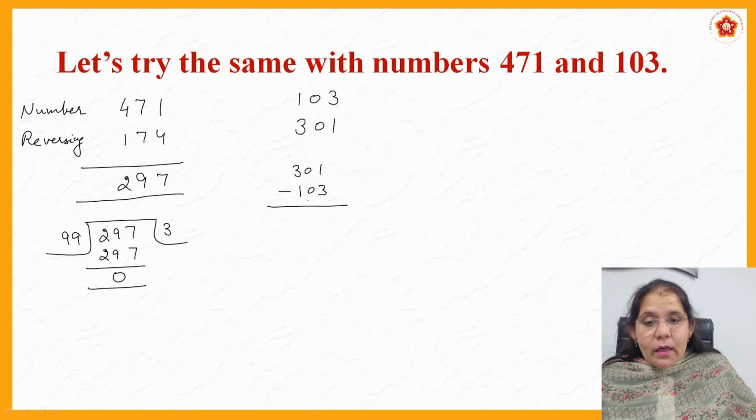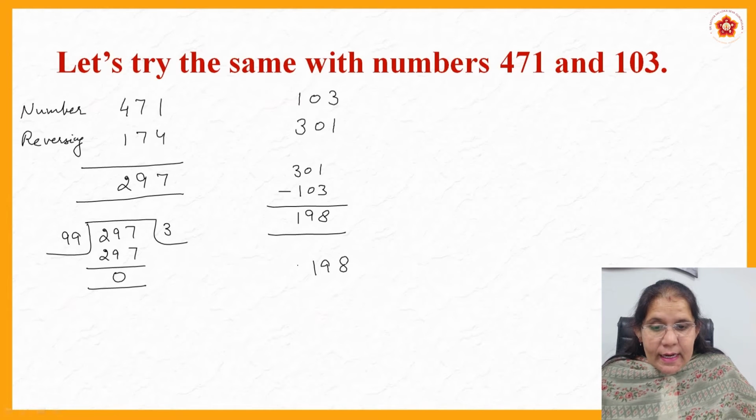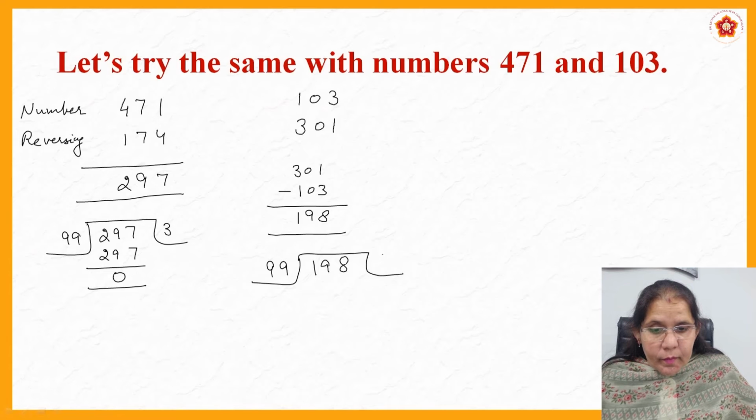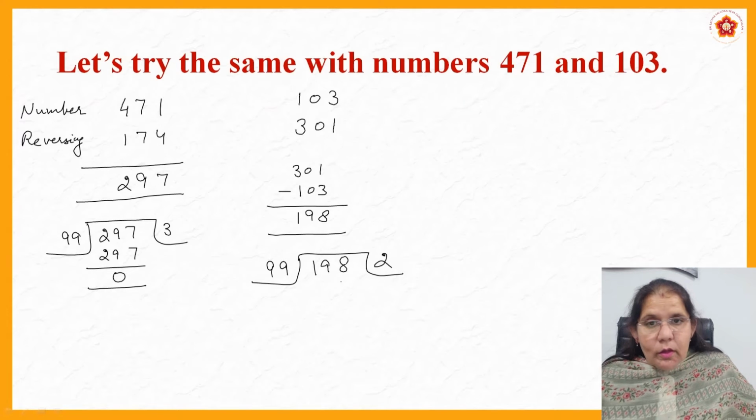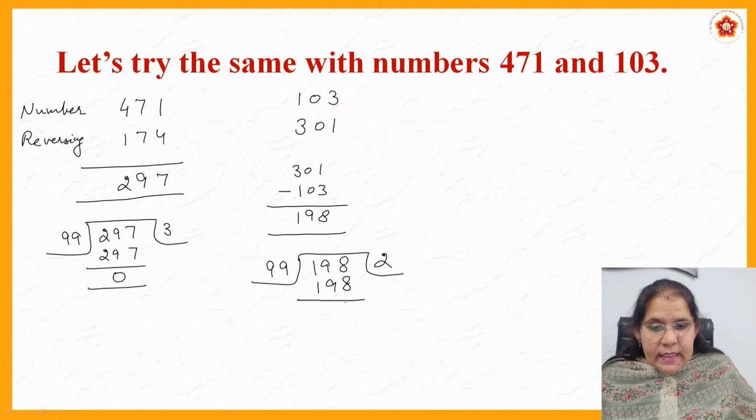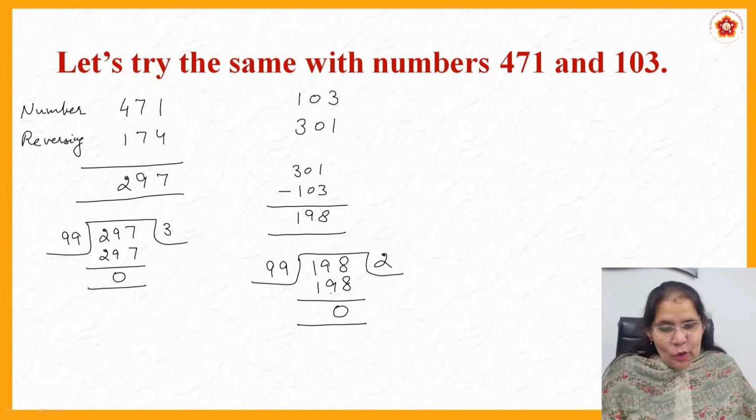So 301 minus 103. 11 minus 3 is 8. 9 minus 0 is 9. 2 minus 1 is 1. So we get 198. Let us divide 198 by 99. It goes by 2. 2 nines are 18, 1 carry. 2 nines are 18 and 1, 19. So the remainder is 0.